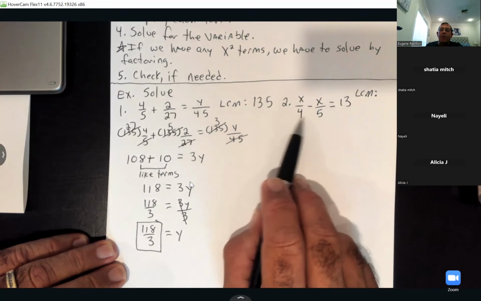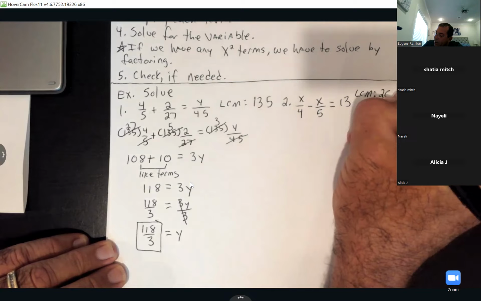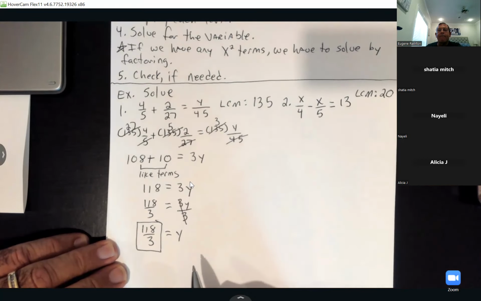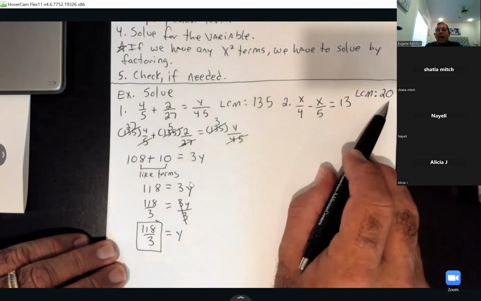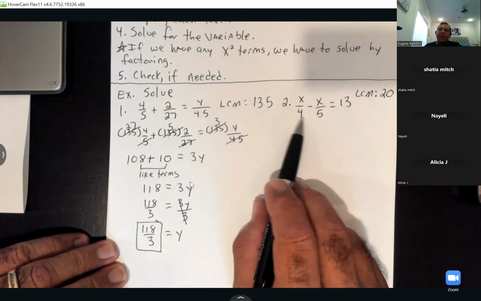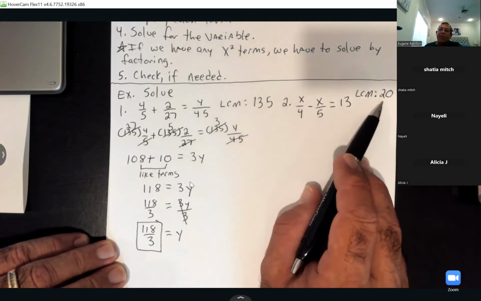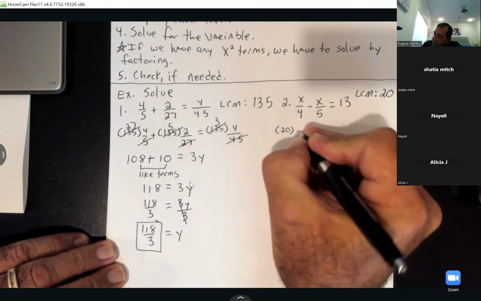So the smallest number that 4 and 5 both go into would be a 20. So multiply all 3 of these by the least common multiple of 20. Now, when you've got small numbers like this, you can just multiply them to get that least common multiple. So let's multiply everybody by 20.